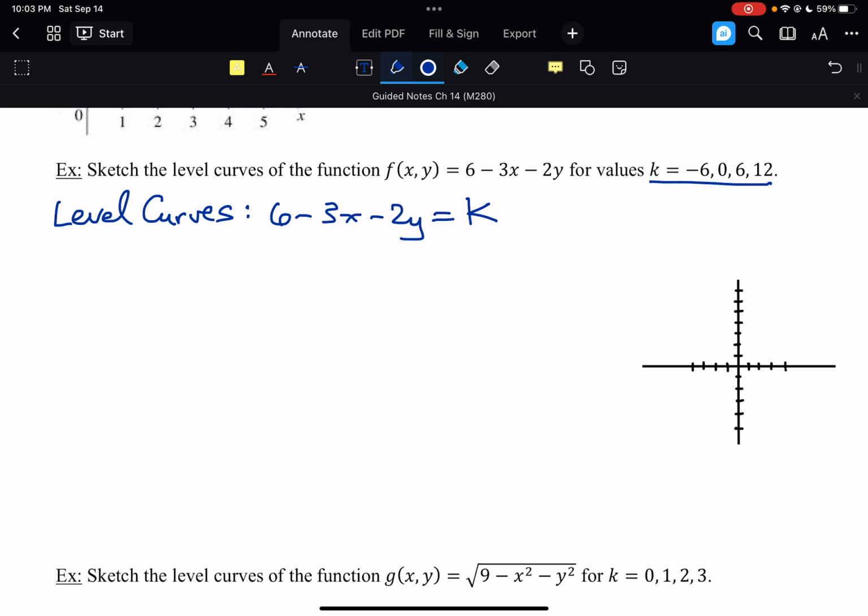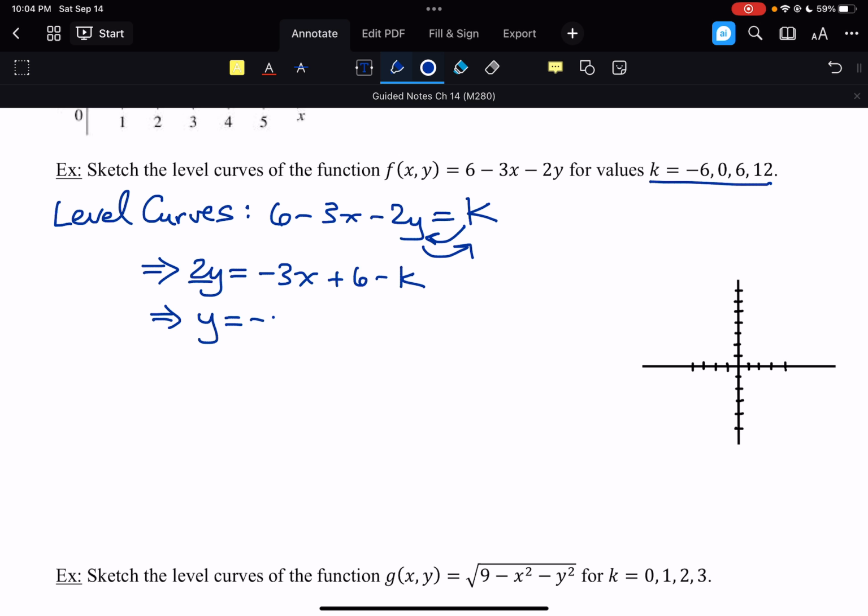And we're going to get these different values of k. Now, in terms of the equation that we get out of this, let me add this over here and subtract that over there, so just flip-flop them a little bit. So we have 2y equals negative 3x plus 6 minus k. And let me divide away the 2.